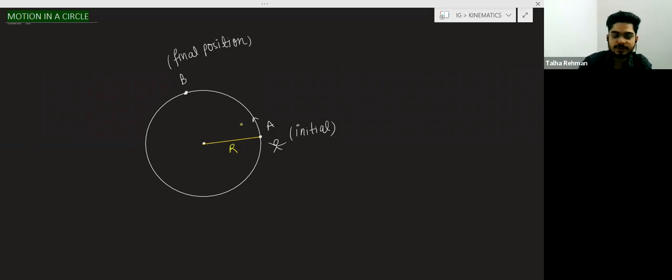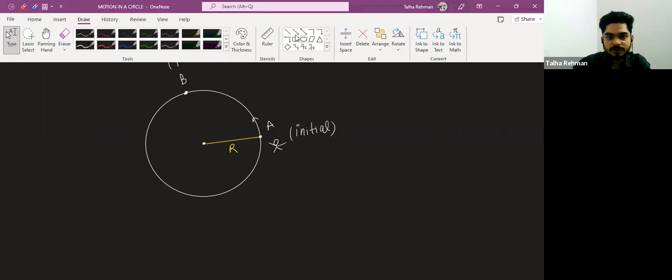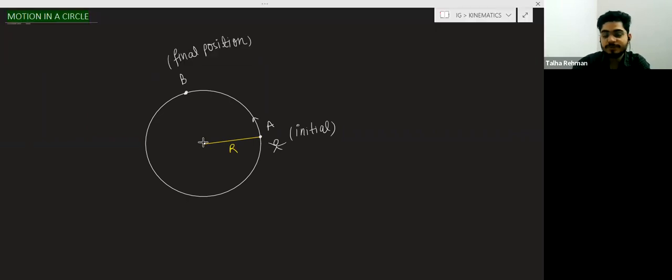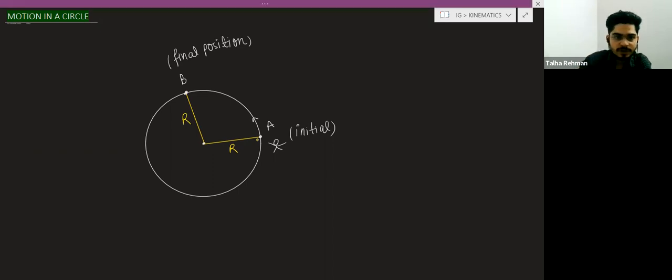So this is R, the radius of the circle, capital R. And what is this? This is the center of the circle. So I have joined the center of the circle with the final position and initial position. This also will be the radius of the circle. This also will be the radius of the circle.